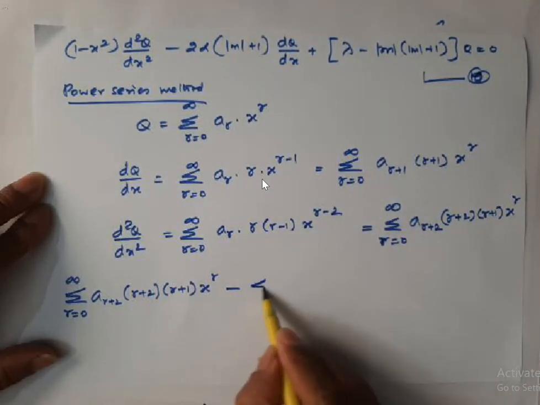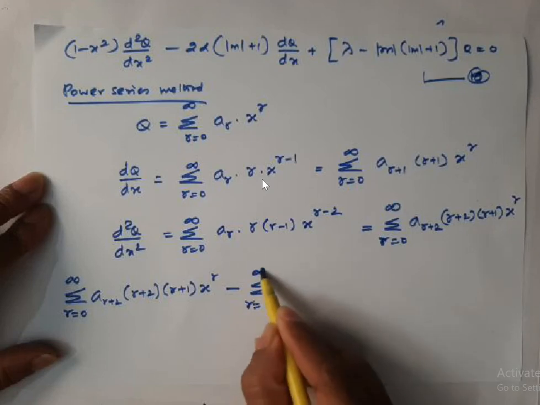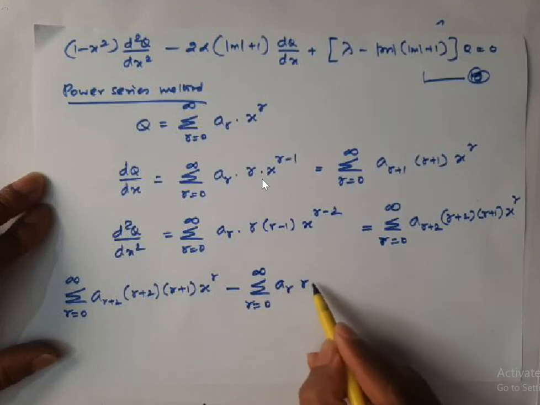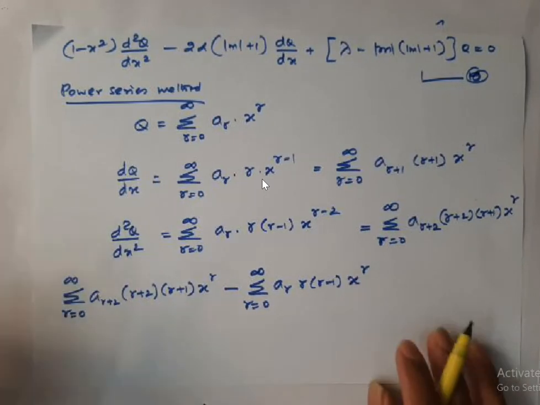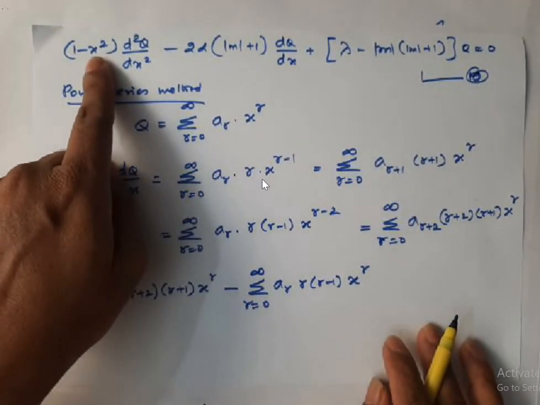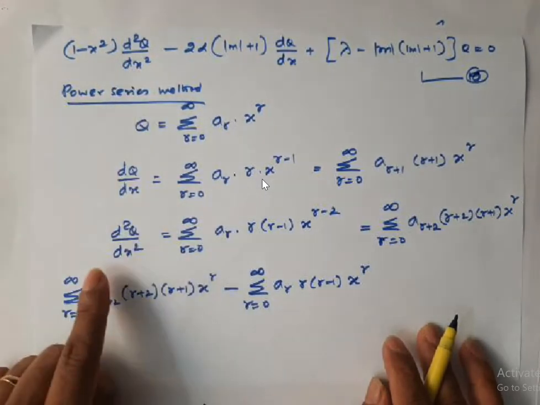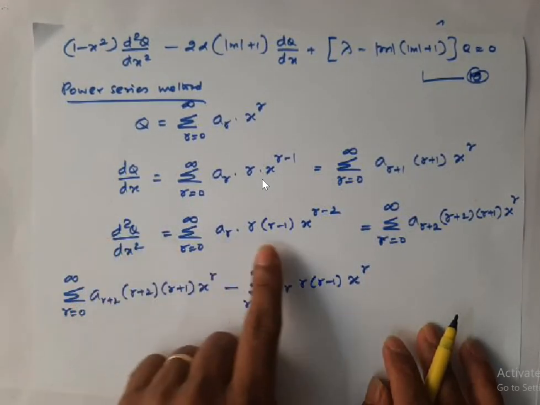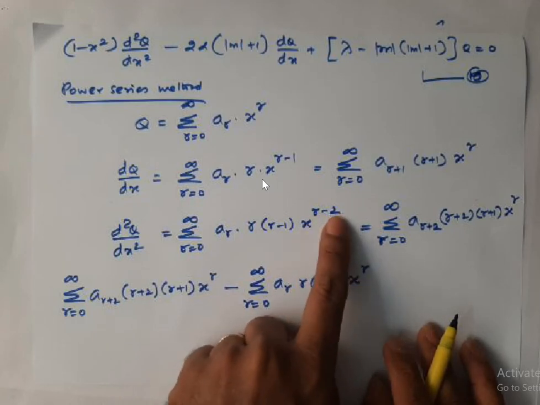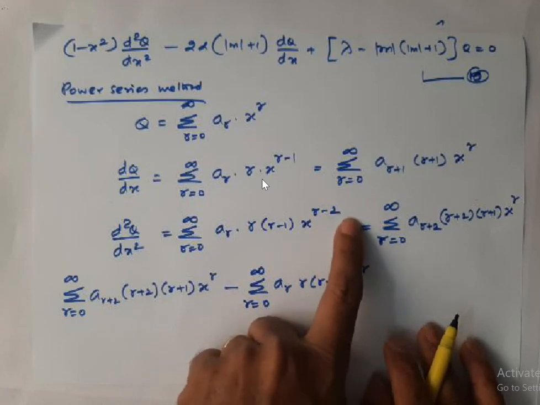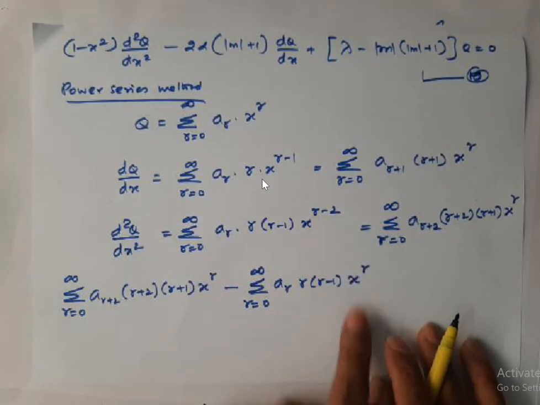So I'll get summation r equal to 0 to infinity, a r into r minus 1 into x power r. See what I did? I just multiplied x square with the d square q by dx square, so we have to multiply this by x square too.